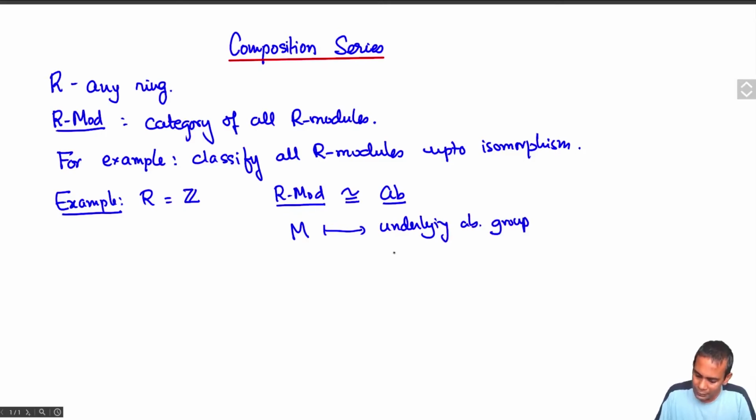And if you have an abelian group G, you can put the structure of a Z-module on it. So how do you do it?